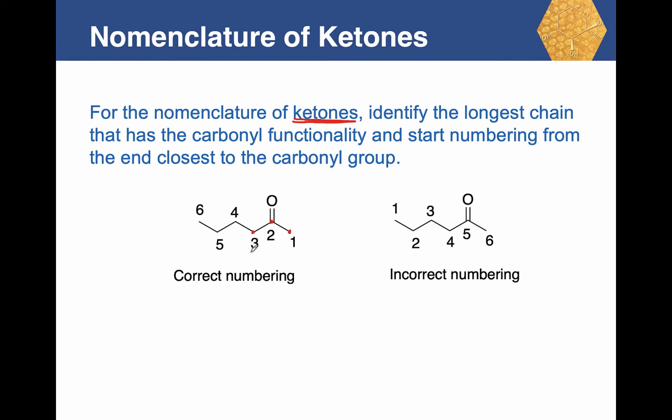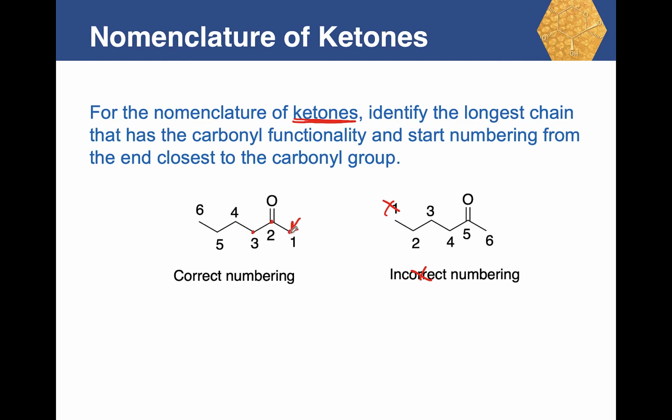So, we're just looking at numbering. Once you have identified a ketone, start numbering closest to the ketone functionality, or the carbon-oxygen double bond. So start here and not over here. This is not correct, but start here. Notice this does not get 1 anymore because it's internal. It's in the chain. It's not at the end as in the aldehyde.